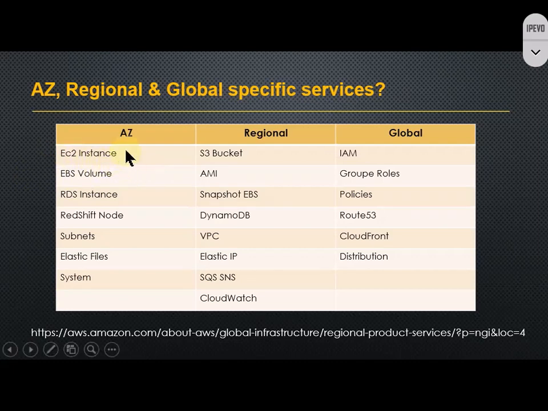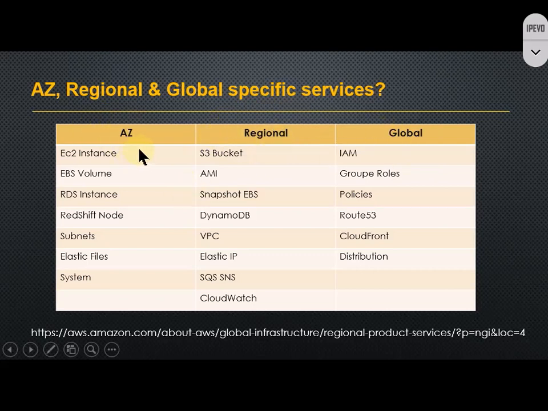For example, an EC2 instance is nothing but creating an instance of a virtual machine like Linux or Windows machine, Ubuntu, or Mac or Macintosh, something like that. Some services are unique to availability zones, some are specific to regional services, and some are global.